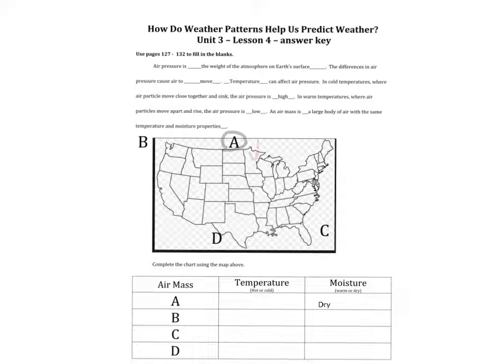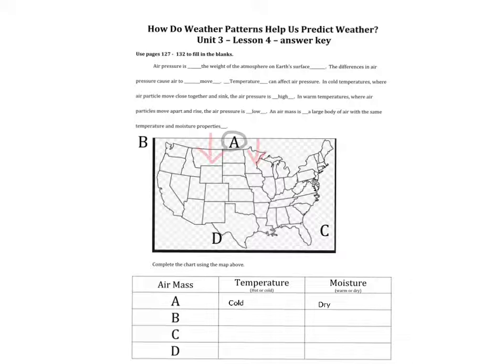If it's traveling in this direction, we can see that it is coming off of land, so it would be dry. Now, thinking about where Canada is located in relation to the equator, it is relatively further north. That is what's going to help determine its temperature. Since it is so far north, this air mass would be cold. So if it was coming from the north on land, we would have a cold, dry air mass.